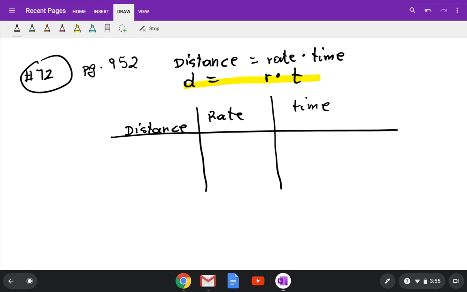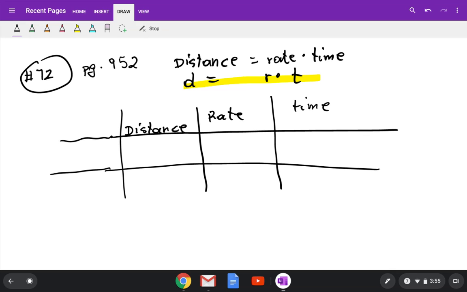We have two motorcycles, Bud and Ed. First of all, what are the rates of the two bikers? The rates are the speeds of Bud and Ed. The first sentence tells you that Bud goes 10 miles per hour faster than Ed.